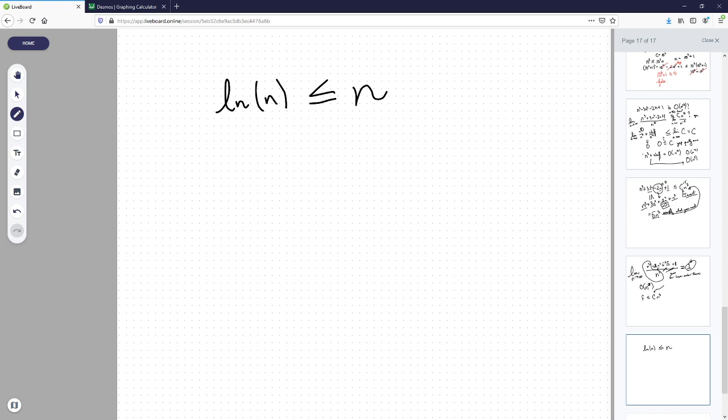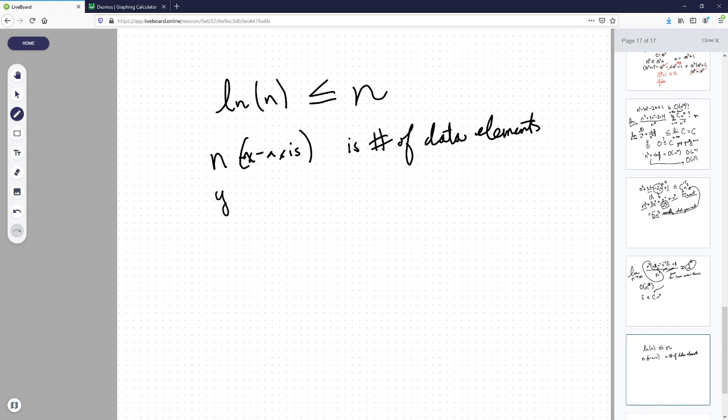So the n-axis, or x-axis, is the number of data elements. The y-axis, or you might call it the t-axis, is basically the number of steps that the algorithm takes.